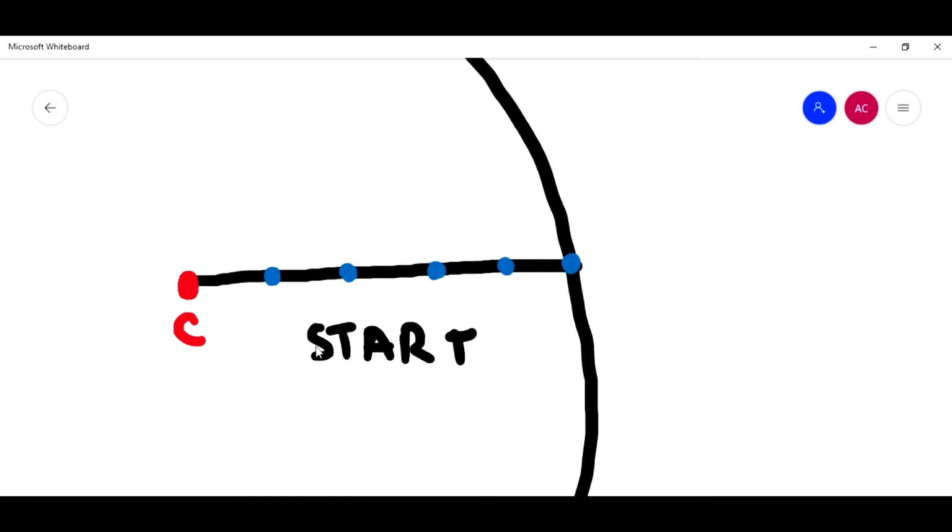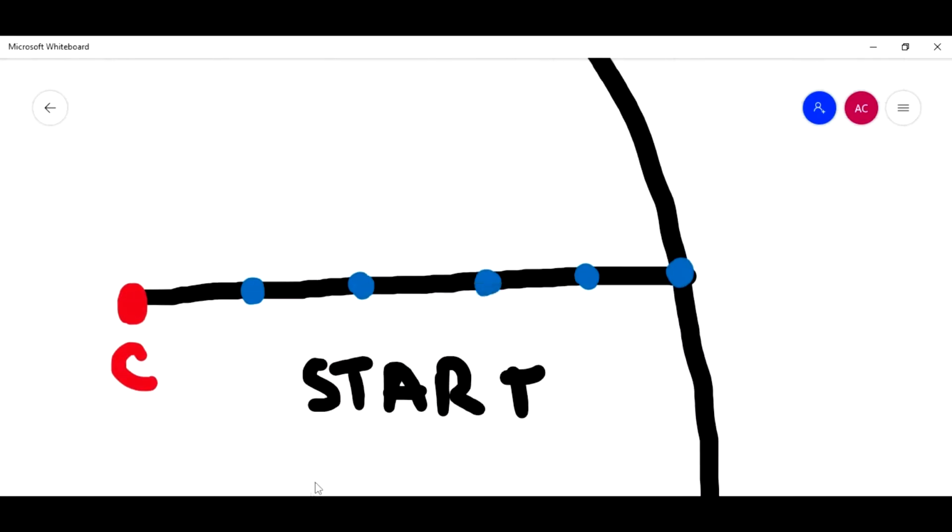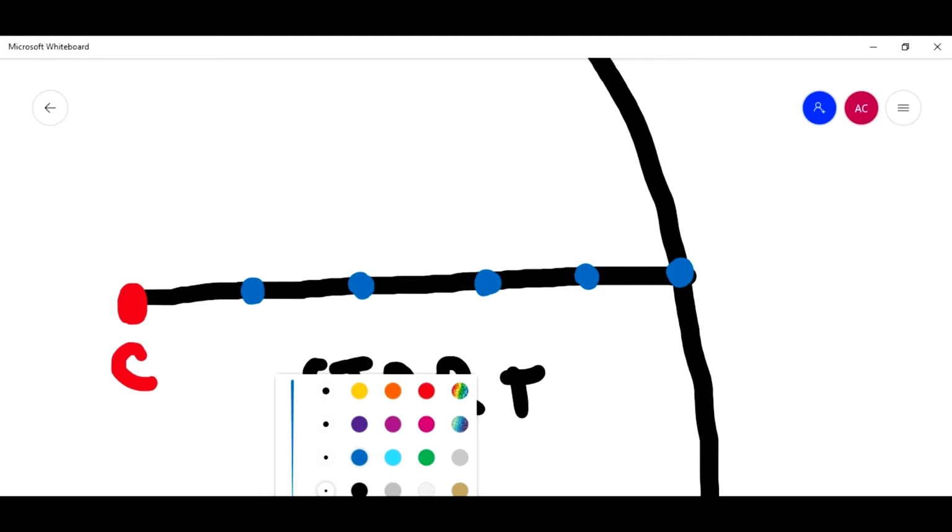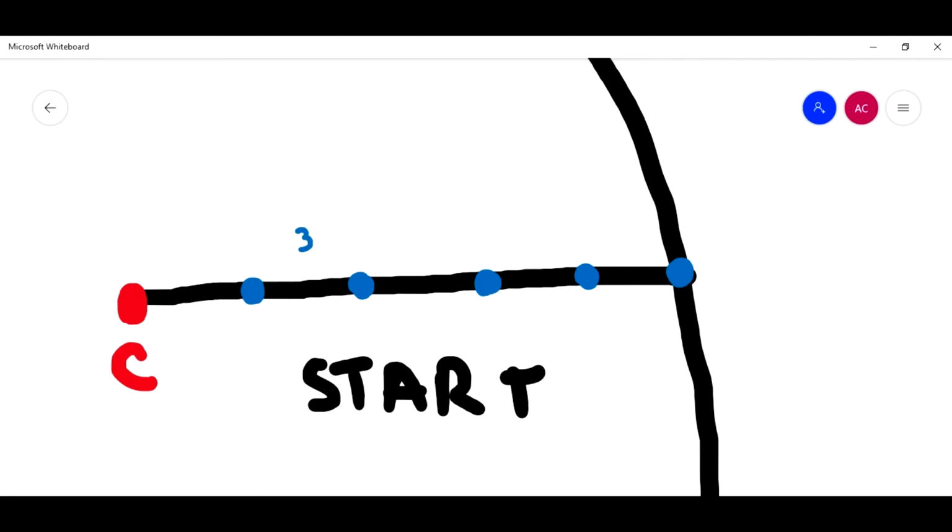Between them is a separation of 3 meters, 3 meters, 3 meters, and 3 meters. So this is cyclist 1, 2, 3, 4, and 5.